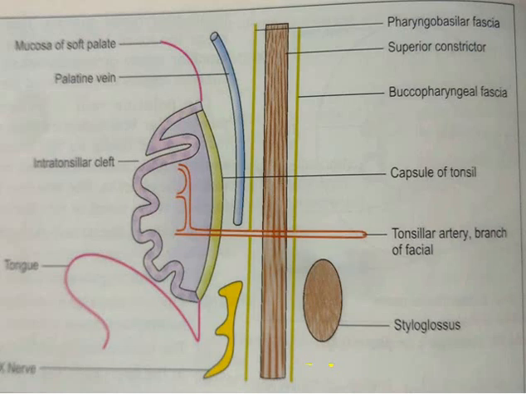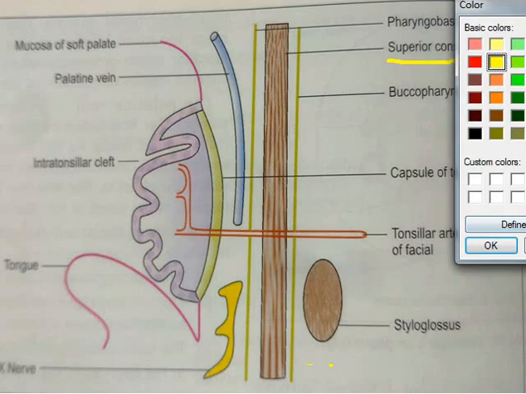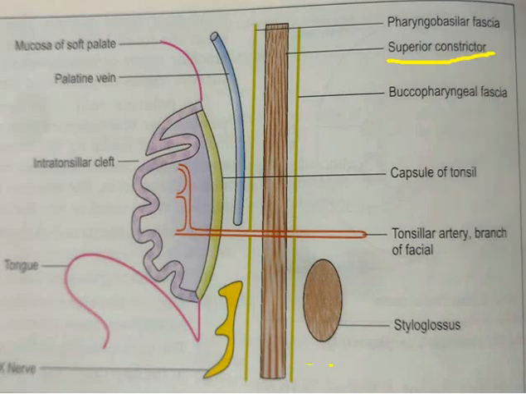So in this section we can see posteriorly the superior constrictor muscle. We'll mark it. The whole muscle from here to here is the superior constrictor muscle of the pharynx. Now, this superior constrictor muscle of the pharynx, the buccopharyngeal fascia is present superficial to it, and also it covers the superficial part of the buccinator muscle.